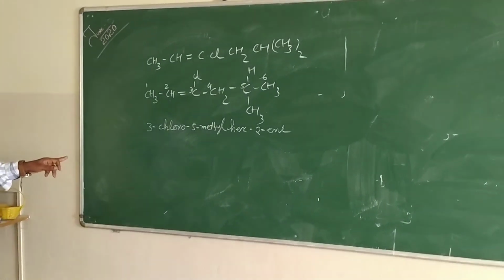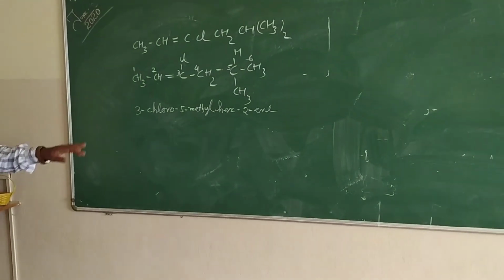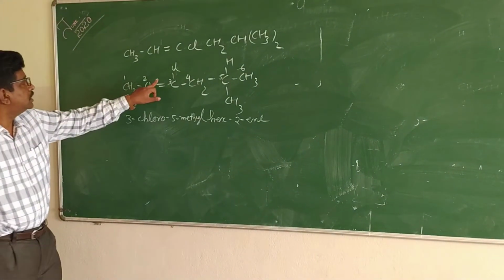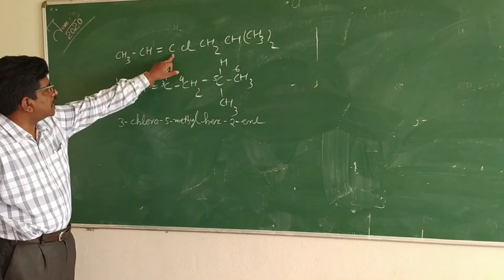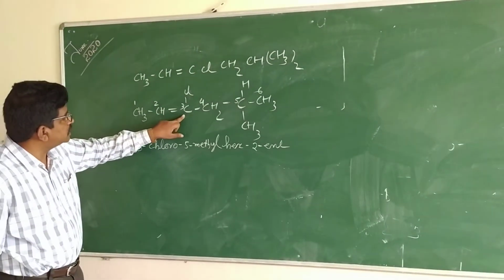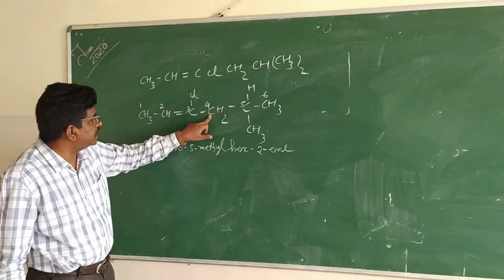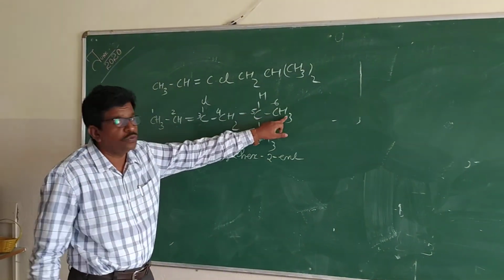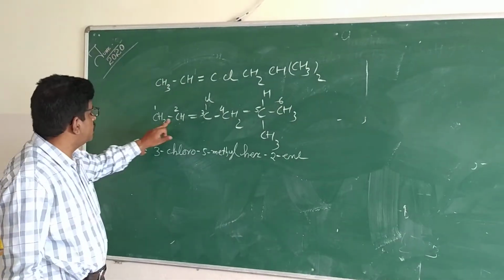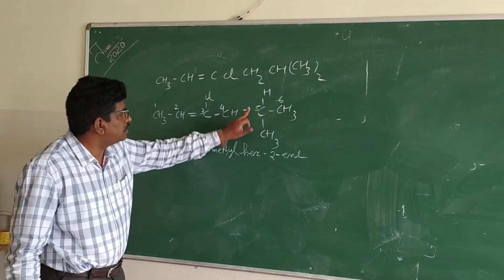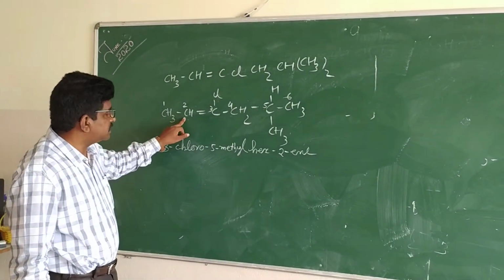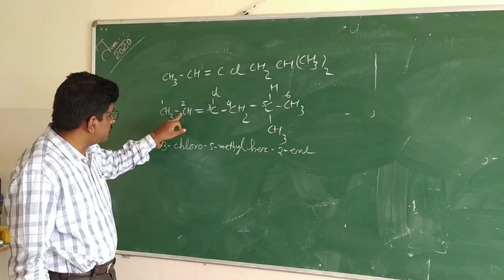3 chloro, 5 methyl, hex-2-ene. CH3, CH, double bond C, this carbon contains one chlorine, and to this carbon atom directly this carbon is attached, CH2, and this carbon contains one hydrogen as well as 2 methyl groups. So 1, 2, 3, 4, 5, 6, that's the longest chain. And the carbon atom in the double bond comes second.